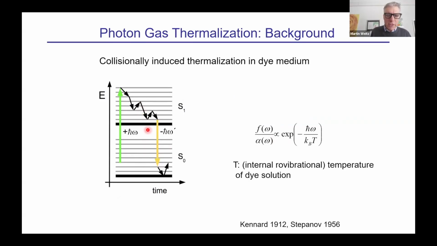And this leads to a thermalization, not just within the ground state manifold, but also within the electronically excited state manifold, because all electronic processes are much slower than these rapid collisions. They are at a scale of nanoseconds and not of 10 to the minus 14 seconds or so. So we get a thermalized distribution, both in ground and excited states, and the thermalization also imprints onto the spectra. That's the background of this Boltzmann-like scaling between emission and absorption.